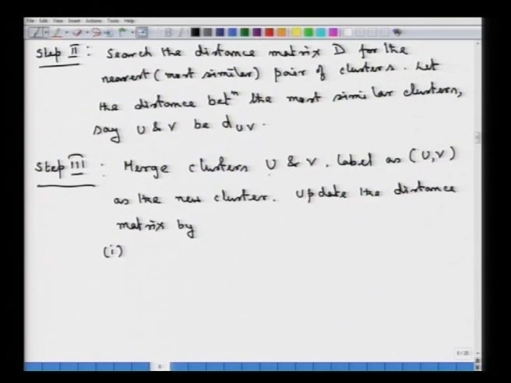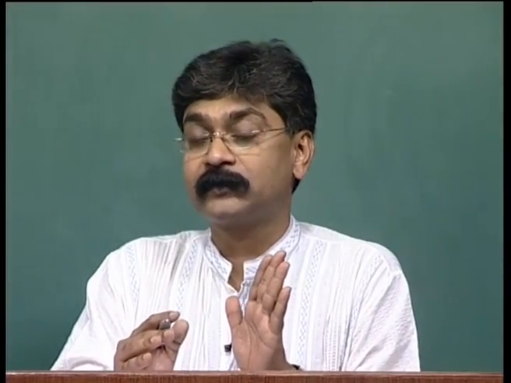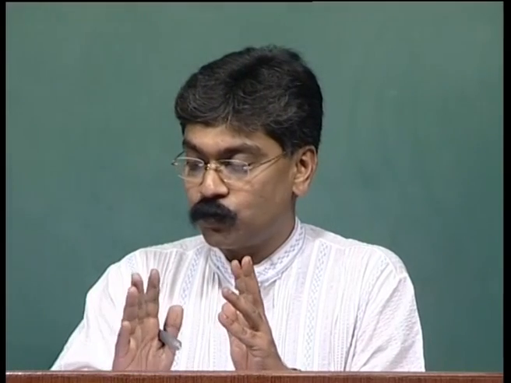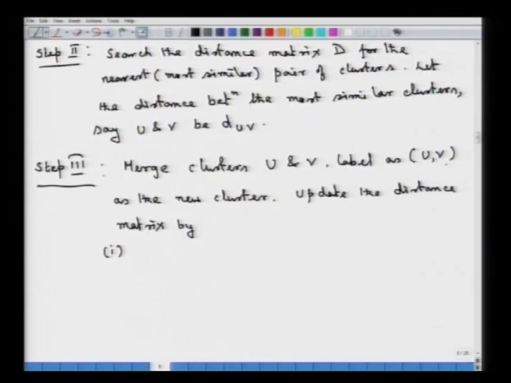Number 1, note that when we had that n by n distance matrix D, u and v were 2 separate identities. Now, u and v have been merged together, and hence the rows and columns corresponding to u and v have to be deleted from the original distance matrix. So, one has to delete rows and columns wherein u and v are present, and then add this uv as the new case, and then find the distance of this newly formed cluster with the other single point clusters present in the data.